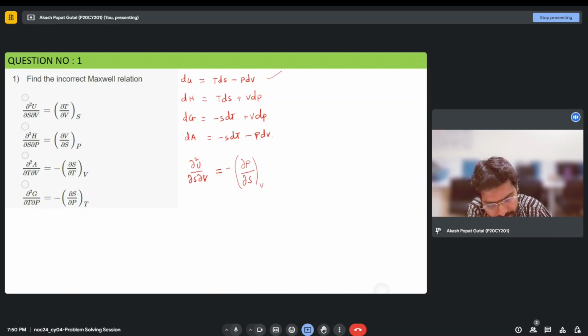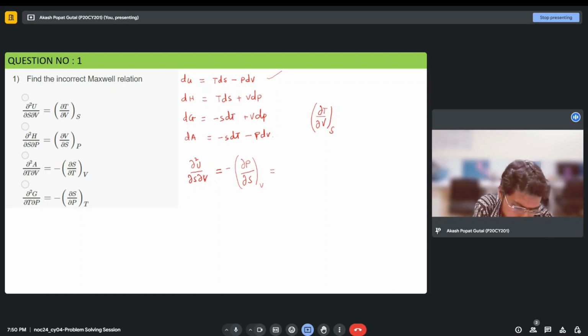It is given as del T by del V at constant entropy. But how can we get there? It's just using Maxwell's relation. We have seen how to write the right-hand side if you know the left-hand side of the Maxwell's relation.